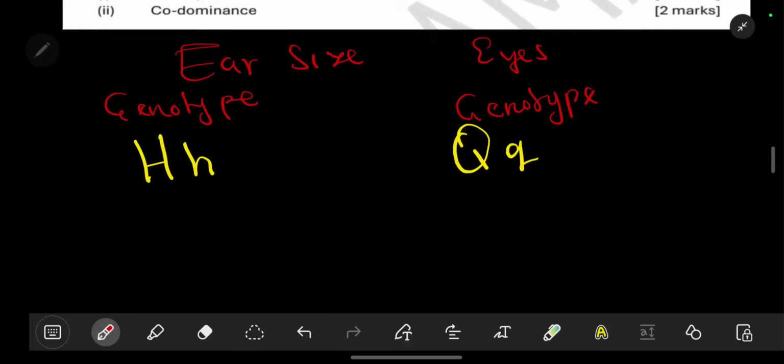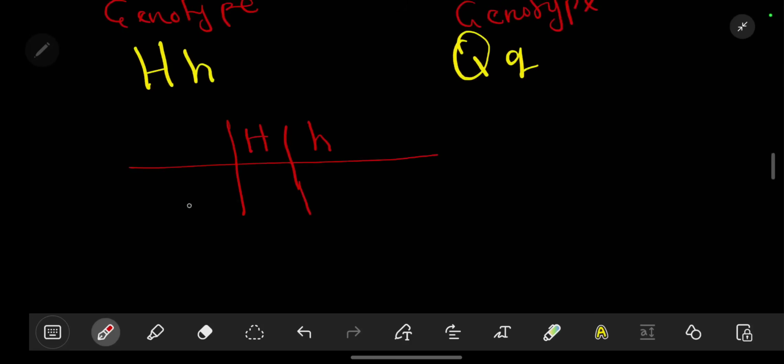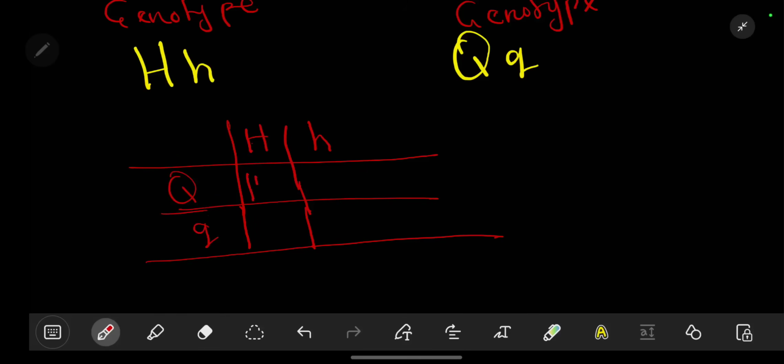Let's come up with a Punnett square where we put these traits: the H and the small h here. For this other part, we have our Q and our little q. Then we have our H, our Q, our H, our Q, and our H and our Q.